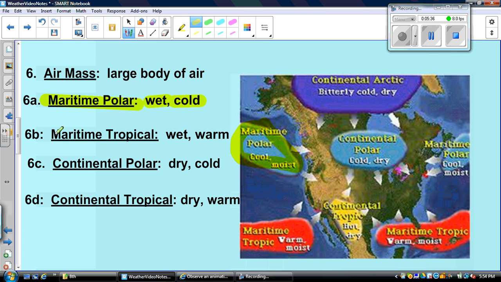Then you've got maritime tropical. Maritime tropical, again, the air mass formed over the ocean. Tropical means warm, so you're going to have wet and warm air mass. Now, notice these are down south, okay, down by Mexico, the Gulf of Florida, and that's what we like to see.